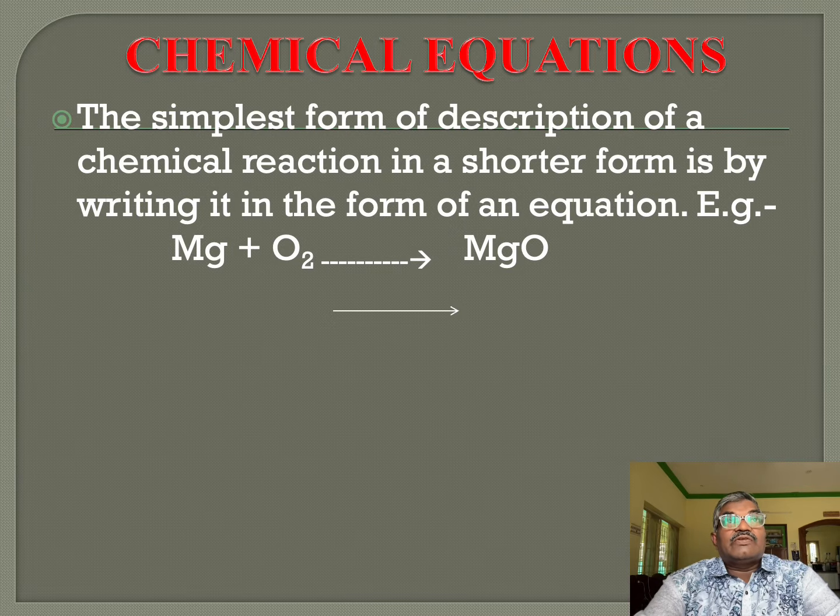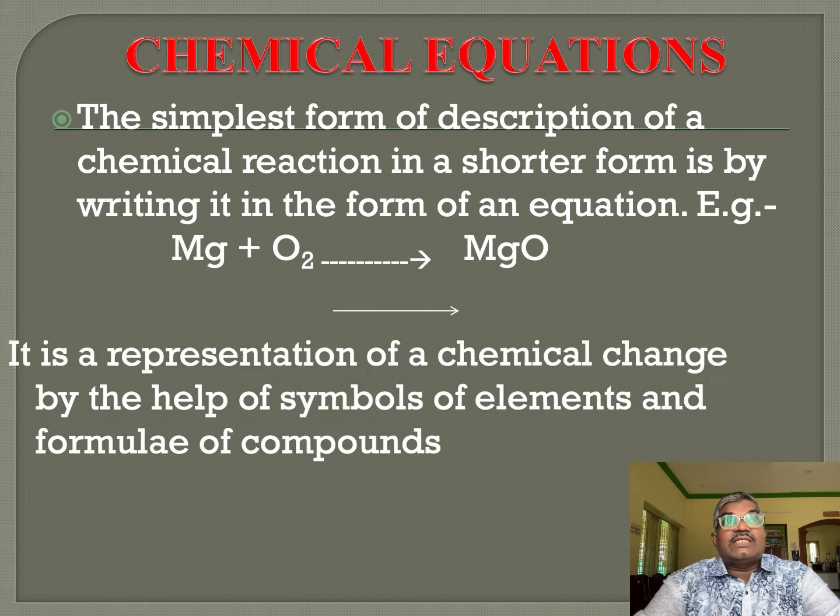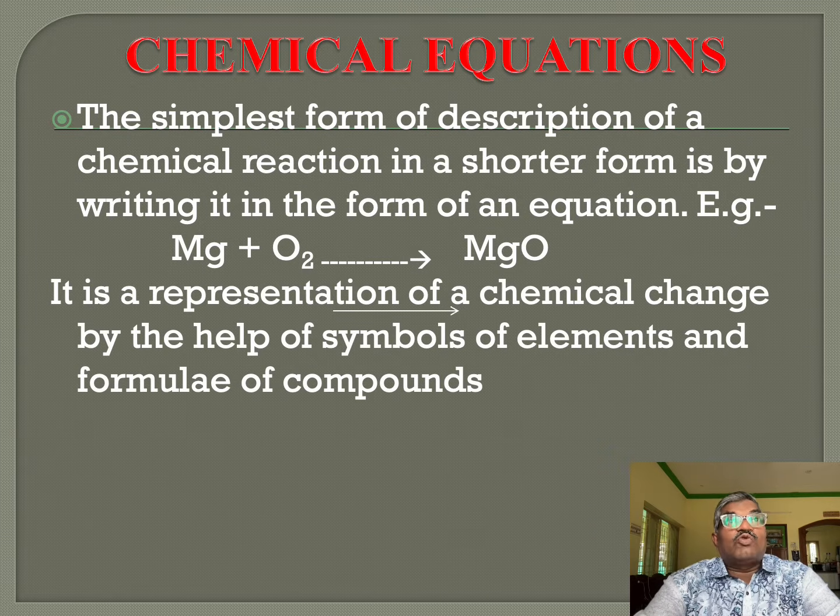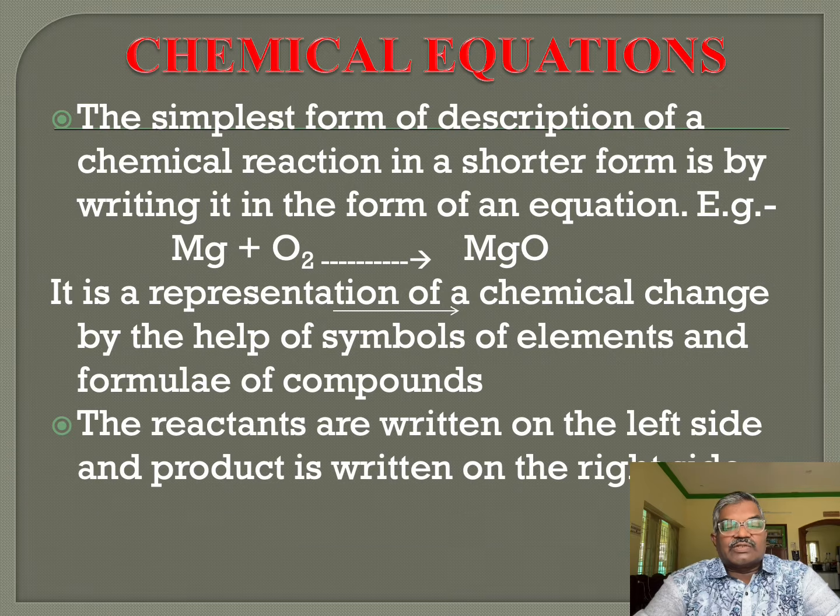You can convert the word equation into a chemical equation by using symbols and formulae. Formulae is the plural of formula. So students, the symbol of magnesium is Mg, you know that. The formula of oxygen gas is O2, you know that.